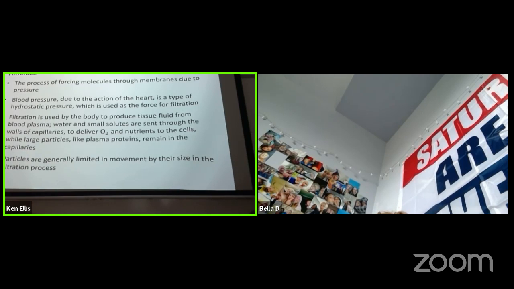Pressure in part, if you want to think of this first example, a heart pumping blood through arteries toward capillaries. Blood pressure due to the action of the heart is a type of hydrostatic pressure, which is used as a force for filtration. Filtration is used by the body to produce tissue fluid from blood plasma.